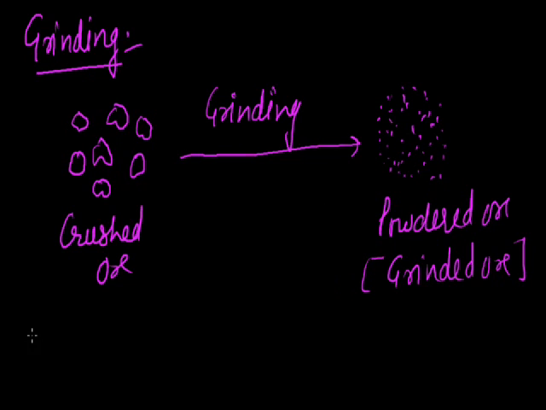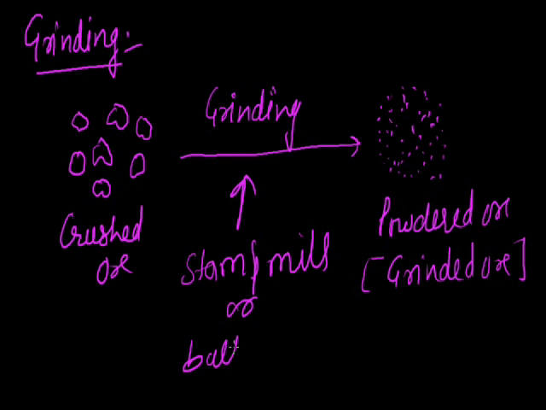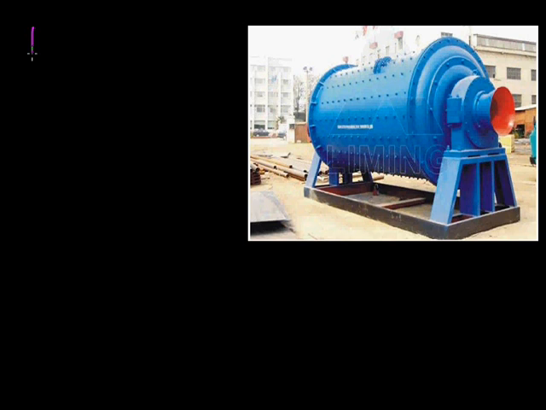Now, we are doing this grinding in a stamp mill or in a ball mill, and we can observe the photograph of the ball mill here. This is a ball mill.